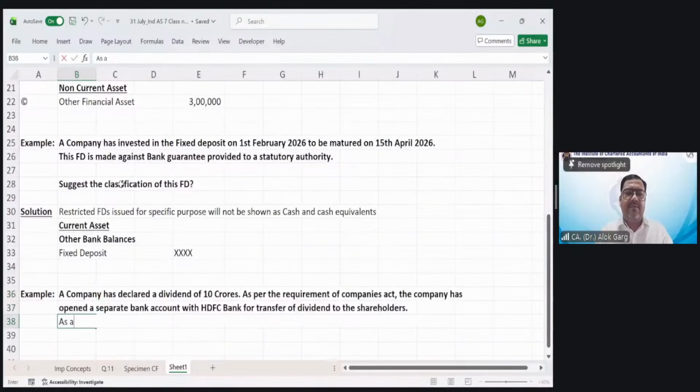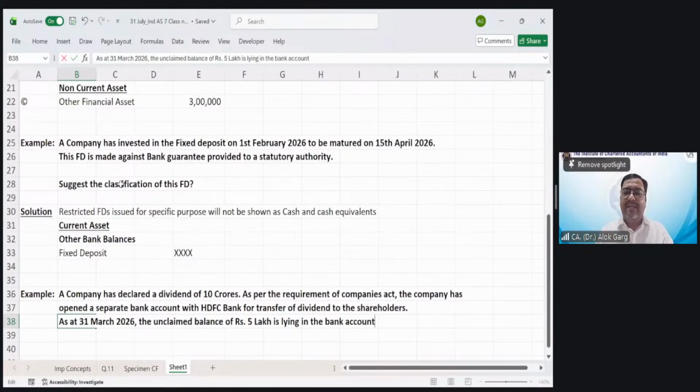As at 31st March 2026, the unpaid or unclaimed balance of rupees 5 lakh is lying in the bank account.